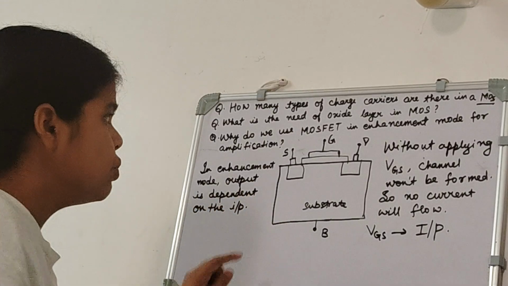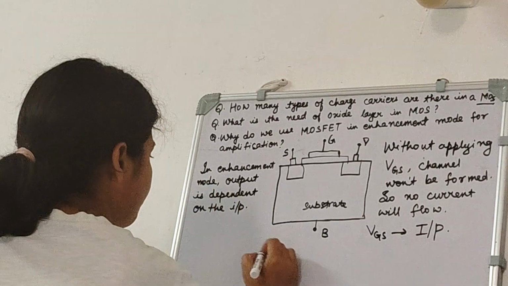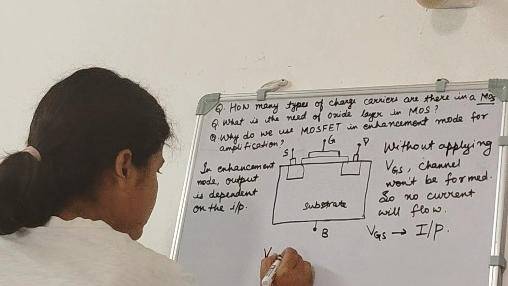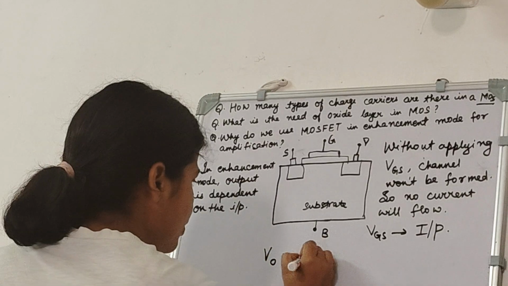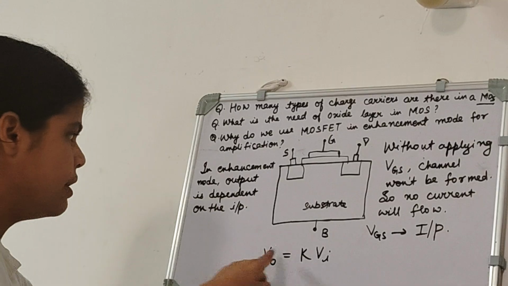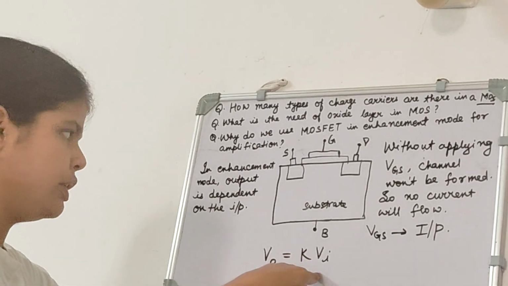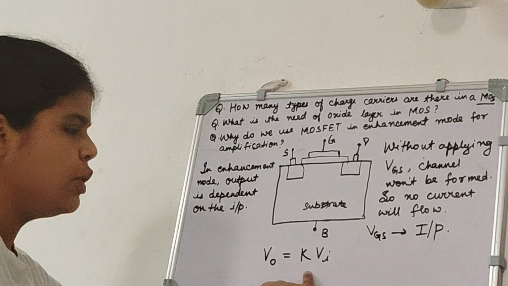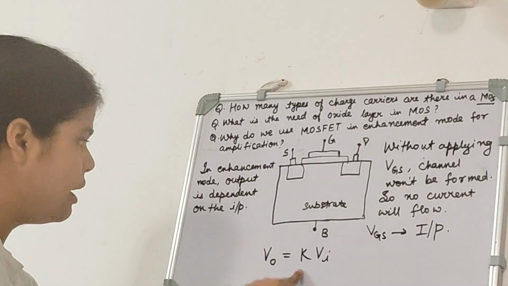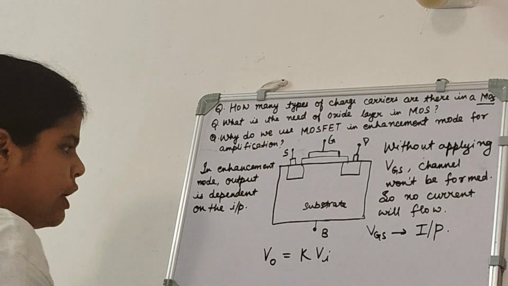And this is the basic rule for amplification. For an amplifier, if we say that Vo, that is the output voltage, is equal to K into Vi, we can say that our output voltage is dependent on input voltage, because the output is equal to input voltage multiplied by K. So we know that without applying any input voltage we won't get any output voltage.